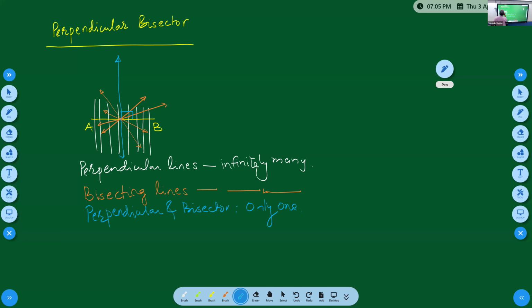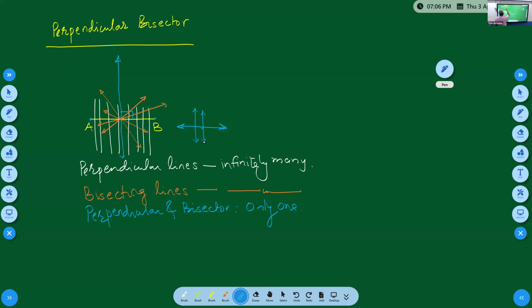It is important that you have a segment which gets bisected. We cannot bisect a line. If a line is there, then we cannot bisect it. Because a line, we cannot draw infinite, but actually when we put these arrows, it means that the line is not stopping. It is continuously on. And perpendicular bisector is a line.